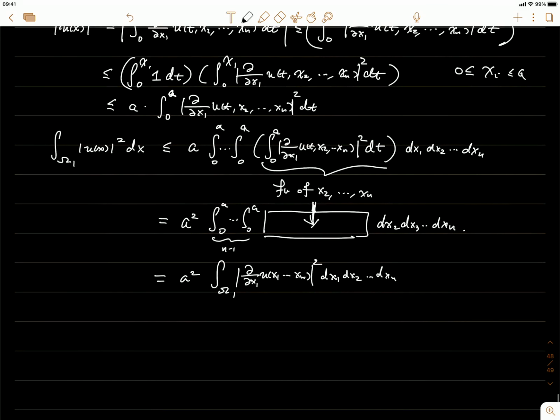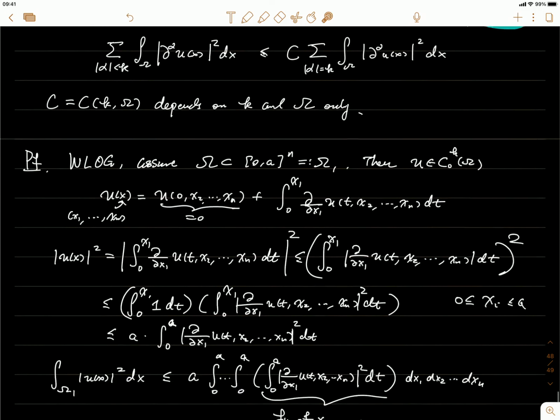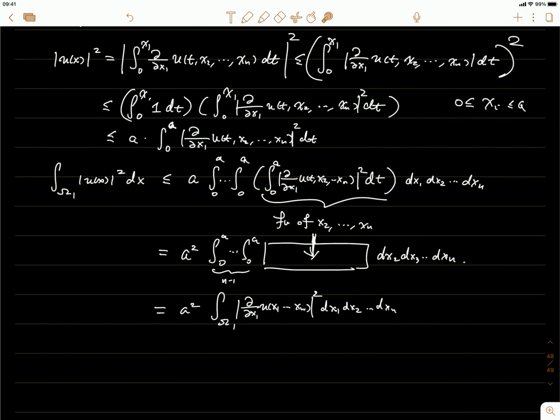Okay, so this shows that actually the integral of u squared is bounded by some constant, and apparently this constant a here only depends on the size of this omega. It depends on how large you choose this one, but it's independent of what u is. So it would be less than or equal to a squared times this. So that's the first order.